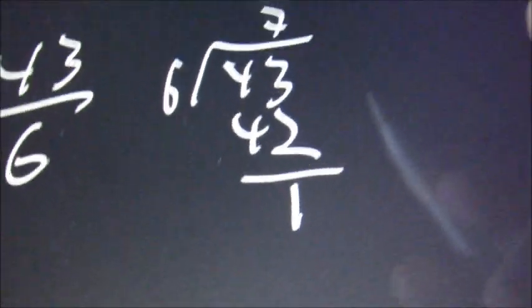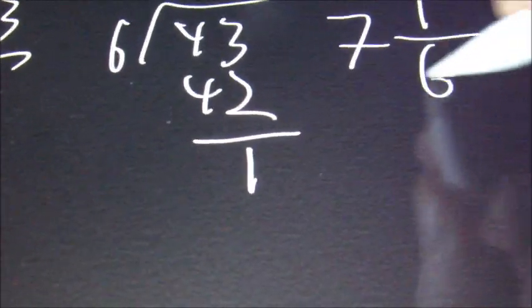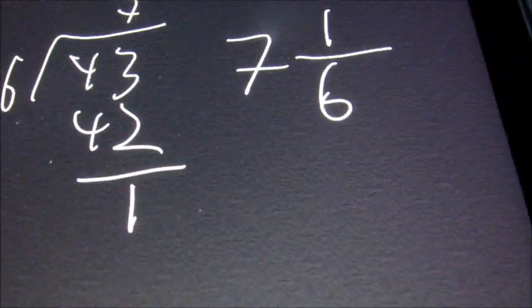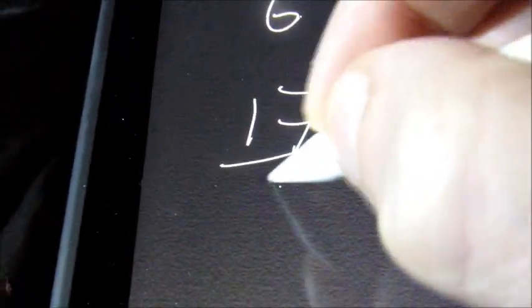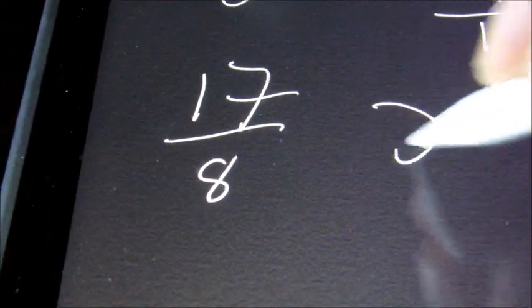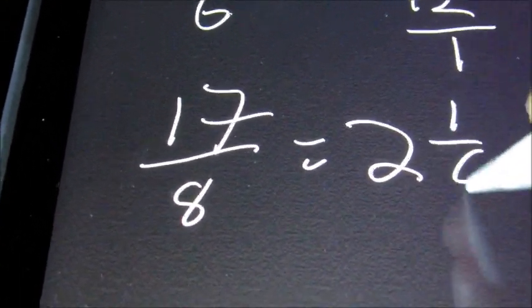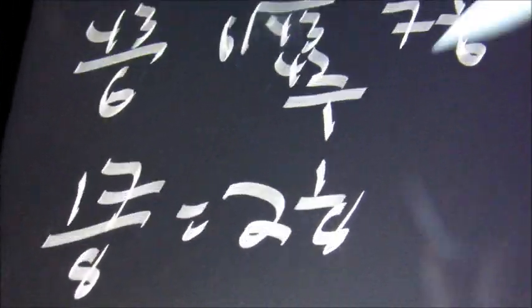We have a 1 remainder. So 7 and 1 over, and it's just the denominator, 6. So 7 and 1/6. If we have 17 over 8, 8 will go into 17 2 times with 1 remainder. And so it's 2 and 1/8.